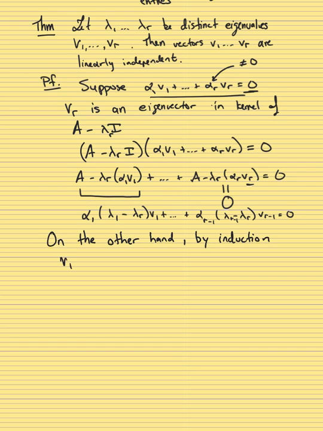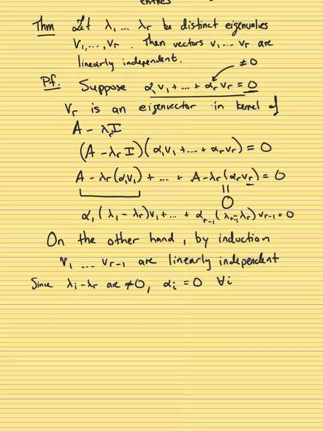Okay, so by induction, we can assume that v1 up through v r minus 1 are linearly independent, and what this means here, since we have a sum being equal to 0, is that all of the coefficients have to be equal to 0. On the other hand, since the lambda i minus lambda r are never equal to 0, we must have that alpha i is equal to 0 for all i.